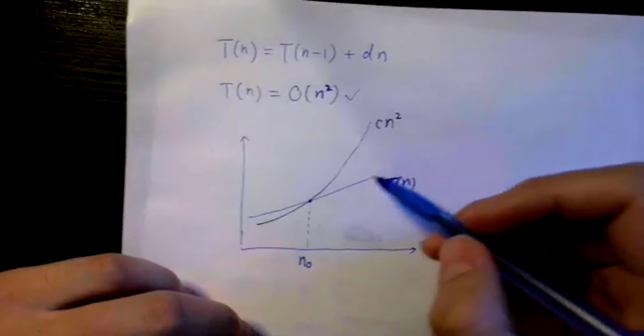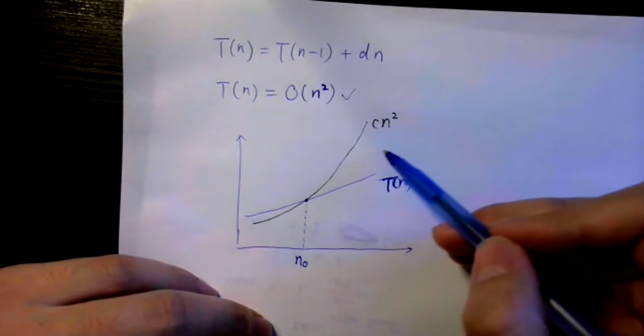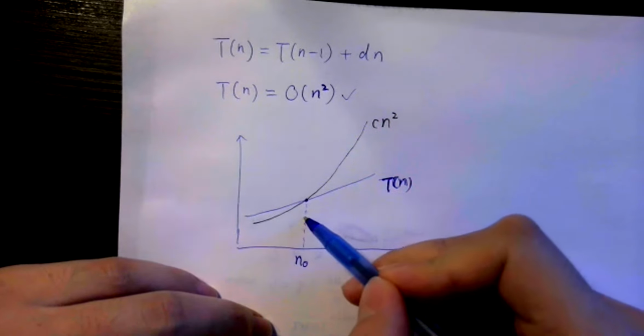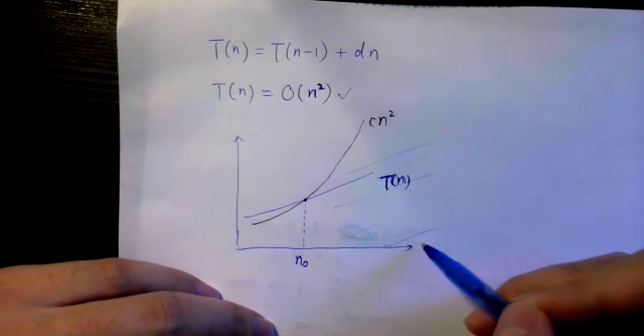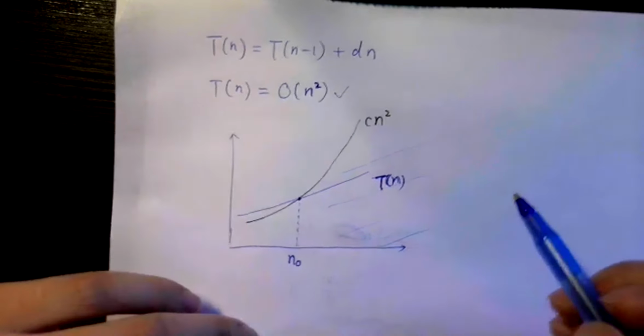Okay, but we know that there are infinite possibilities to the right of n0. There are infinitely many possible values for n that we can choose from, right?